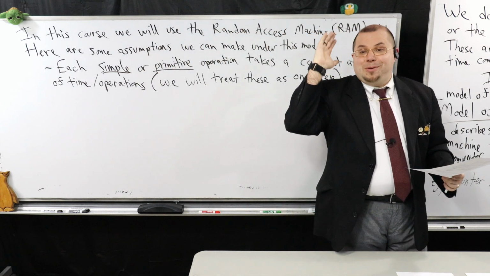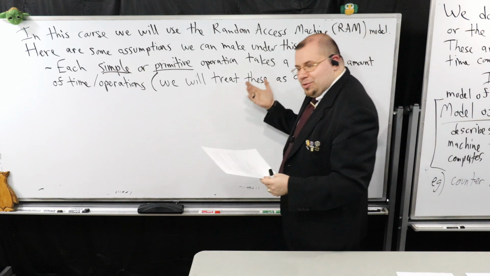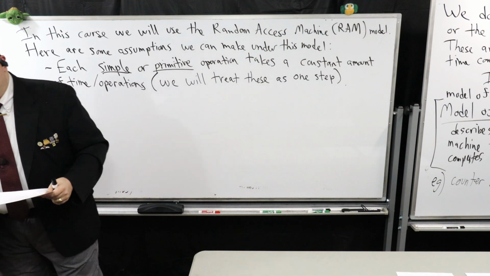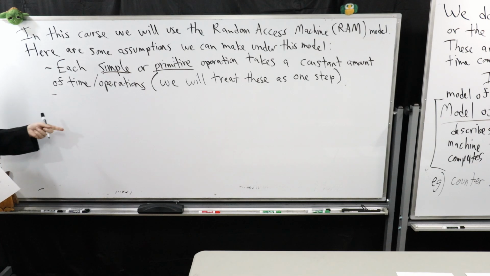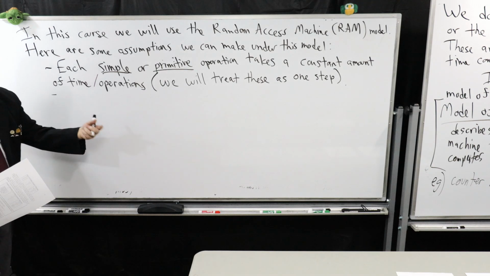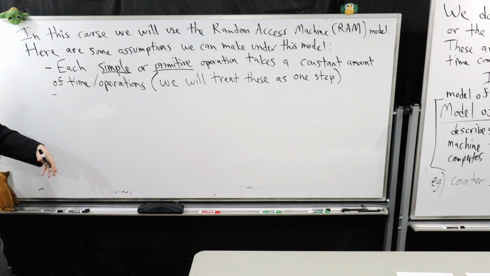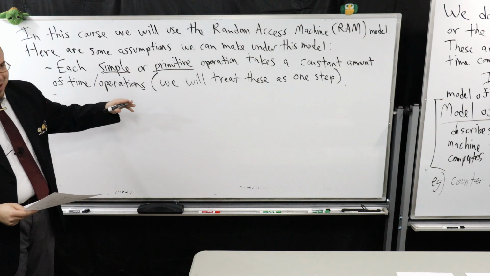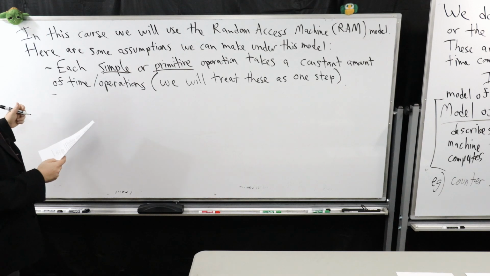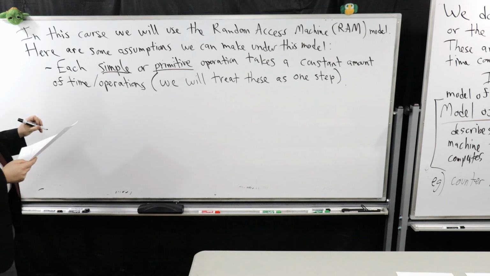But that's way beyond this course. We're just trying to get through the fundamentals. The RAM model is very commonly used by algorithm researchers for measuring the running times of algorithms. There are different models you can use, and there are often connections between them, but I'm not going to talk about those here because that requires going theoretically much deeper than where we're at. Hopefully that's understandable. So we'll treat these as one step very often.